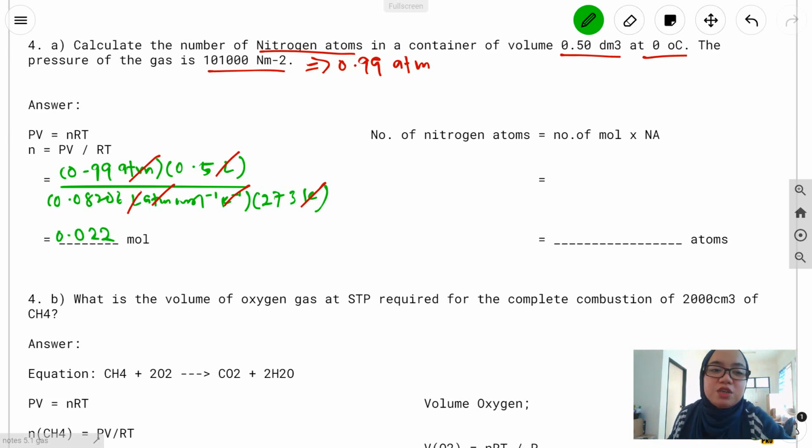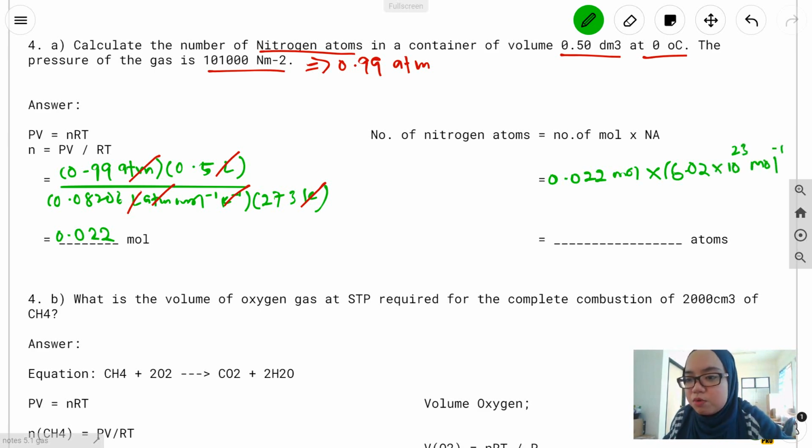But the question wants you to find the number of nitrogen atoms. So what we need to do is multiply the number of mole with the Avogadro constant to find the total number of atoms. So number of mole, 0.022 mole times 6.02 times 10 to the power of 23 per mole.